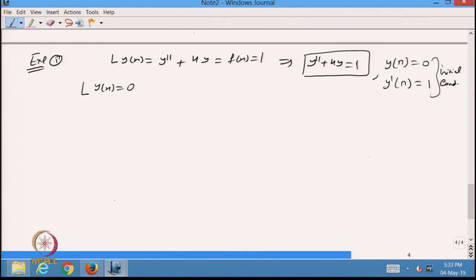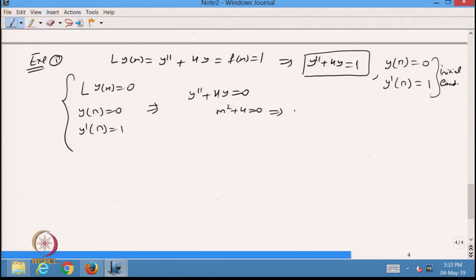So, I want to solve this one. If I solve this, then from my previous knowledge, y'' + 4y = 0, and I can find the corresponding characteristic equation, that will be m square plus 4 equal to 0.